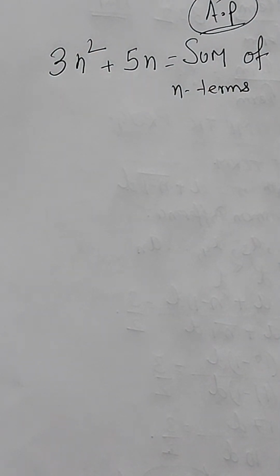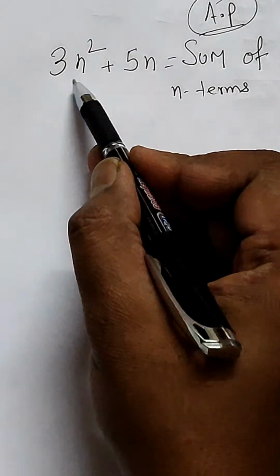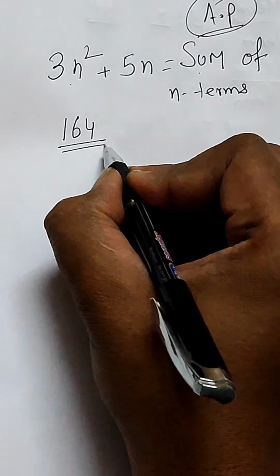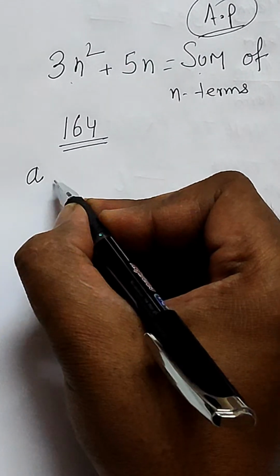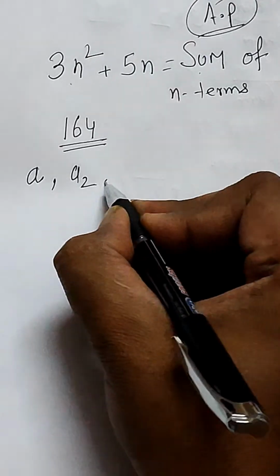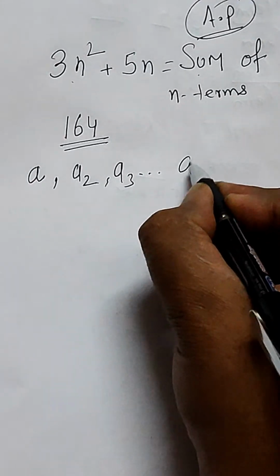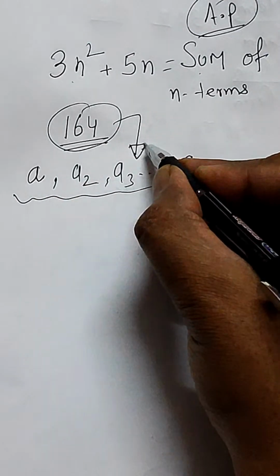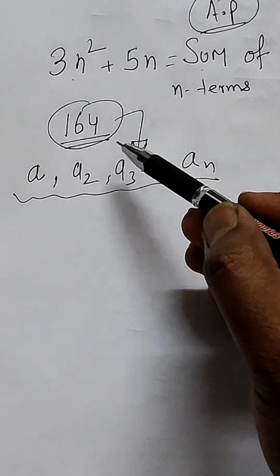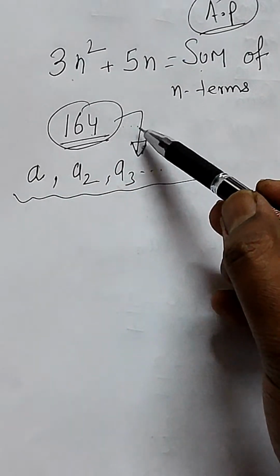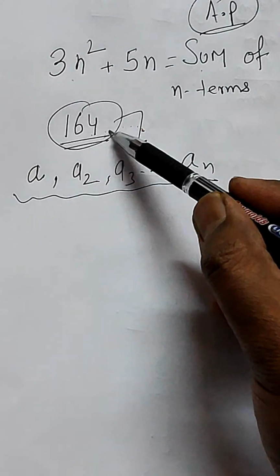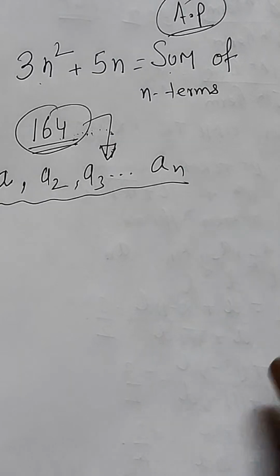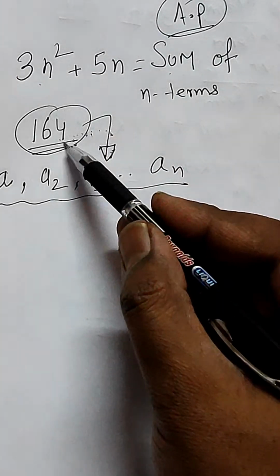And if this is the AP, a1, a2, a3 till an, then in this series, where does 164 come, at which place? What is the count of the position of 164 in this series, right? So let us see how we are finding it, right?